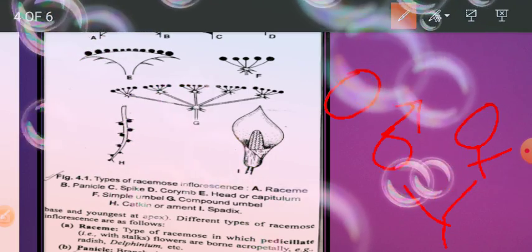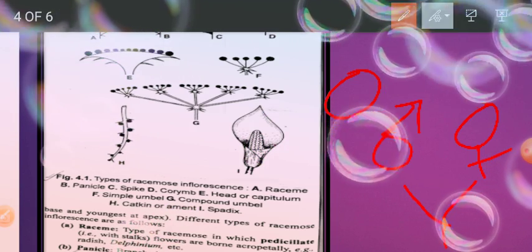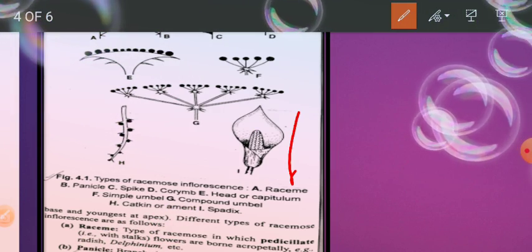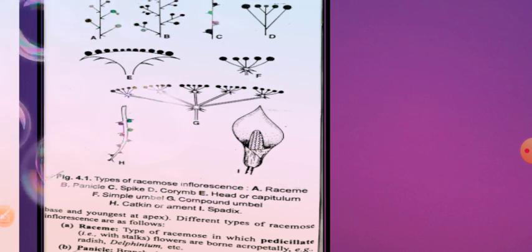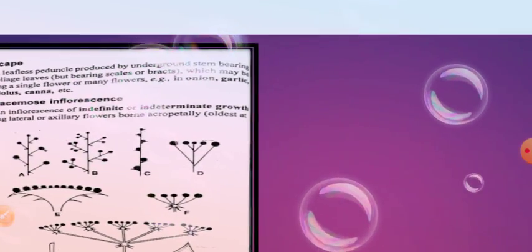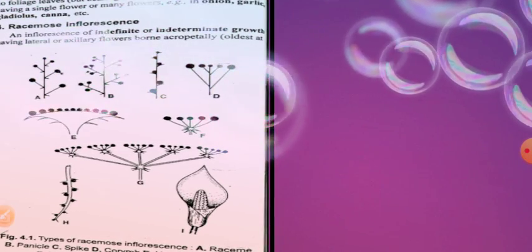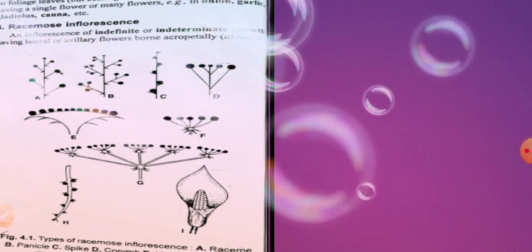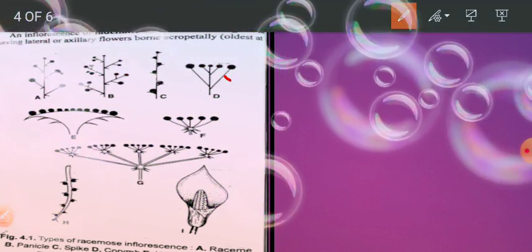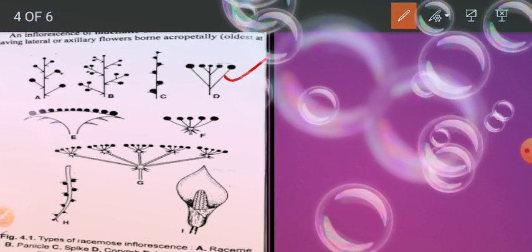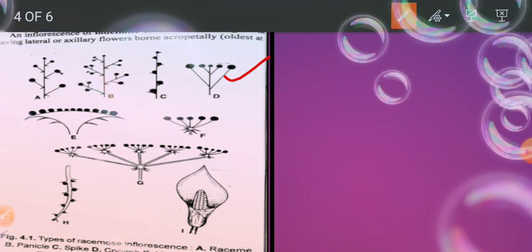Then corymb. Here is the corymb type. You can see in this figure, that is the corymb type. It is a type of the raceme in which the pedicels are of unequal length and reach up to almost the same height.